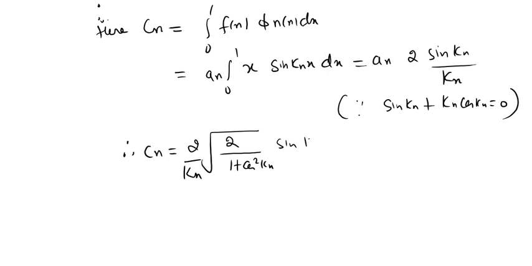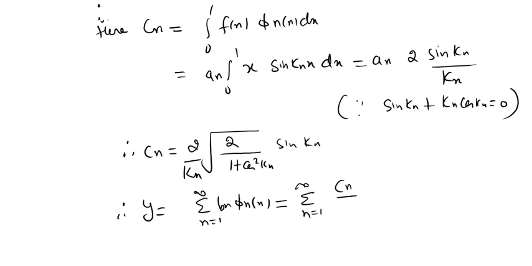Fitting an here, Cn is 2 times the square root of 2 upon 1 plus cos square kn, and 2 by kn and sine of kn. So putting everything together, y equals the sum from n equal to 1 to infinity of bn phi n x. So what will be Bn? Bn will be Cn by lambda n minus 2, and you have Cn, so put everything here. This is the final solution.